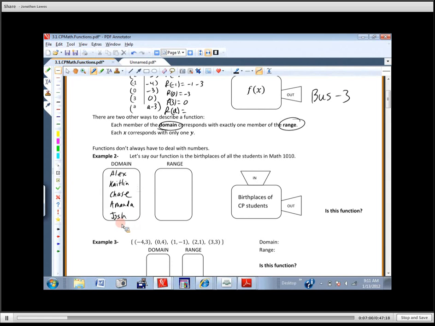Now Alex, where were you born? Okay, Alex was born in Salt Lake City. Caitlin, where were you born? Logan. Chase. Salt Lake City. Now, do I need to write Salt Lake City again? I don't. Once it's in this set, once it's in that group, I don't need to write it again. Amanda, where were you born?